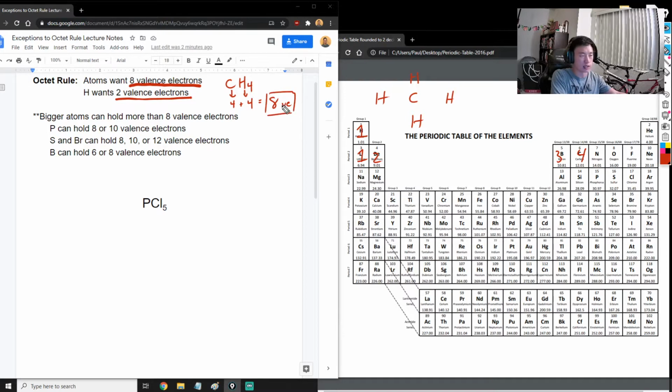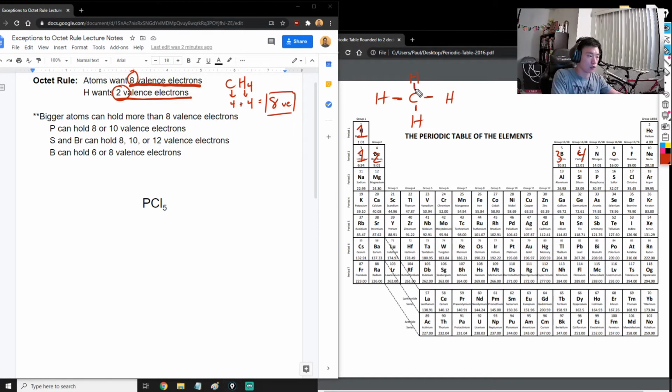This is basically just review. We need to make sure that everything is connected, and we know our answer is correct if the H's have 2 valence electrons. All of the H's have one line, and one line equals 2 valence electrons, so all the H's are good to go. The octet rule tells us that every other atom other than H wants 8 valence electrons.